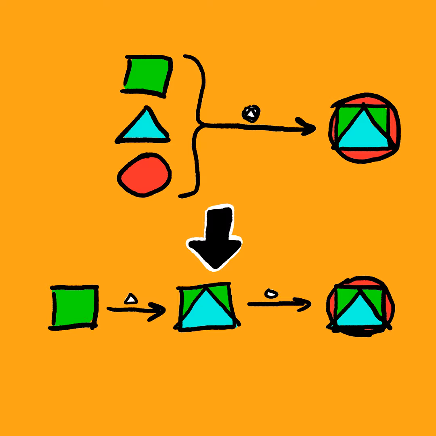This act of splitting up a function with a lot of inputs into a bunch of smaller functions can sound complicated, but it might have some advantages. Number one, some computer languages actually rely on functions that can only take in one input. For example, Haskell.